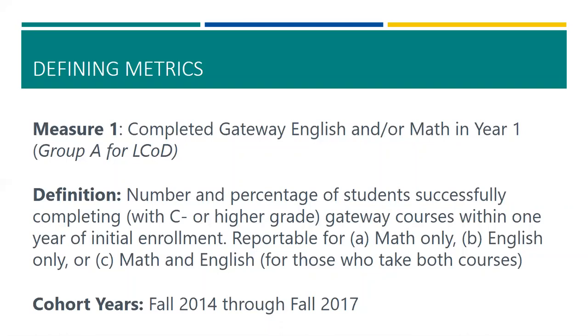So you can report for Math only, for English only, or for Math and English for those who take both courses. So it's a matter of what part of the Venn diagram of students do you want to share. If Math only, you might have some students who have been in English as well, but you're not looking at the English outcome. For Math and English, you're looking at both outcomes simultaneously.